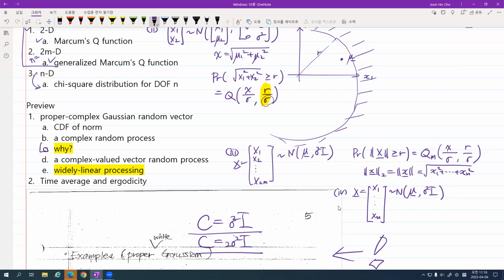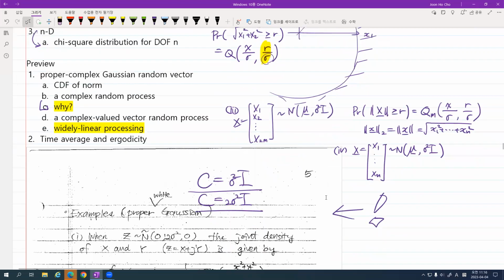And also the difference is that I don't know why, but the statisticians loved not the 2 norm. They loved the 2 norm square. Got it? So they defined chi-square distributions, and in the special case when mu is a zero vector, they call it central chi-square distribution of n degrees of freedom.